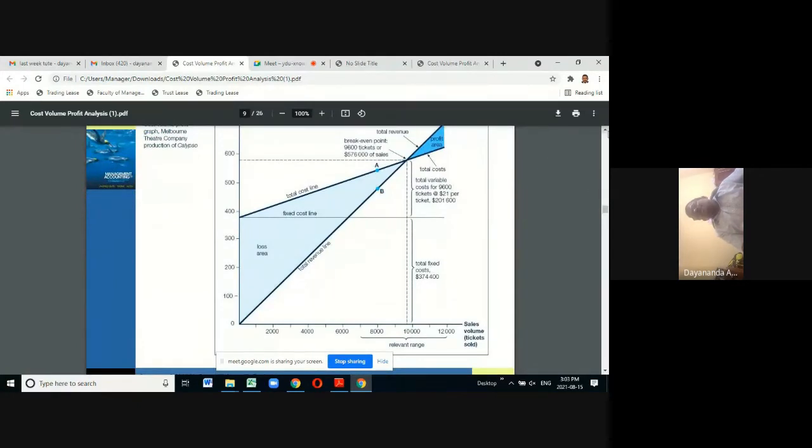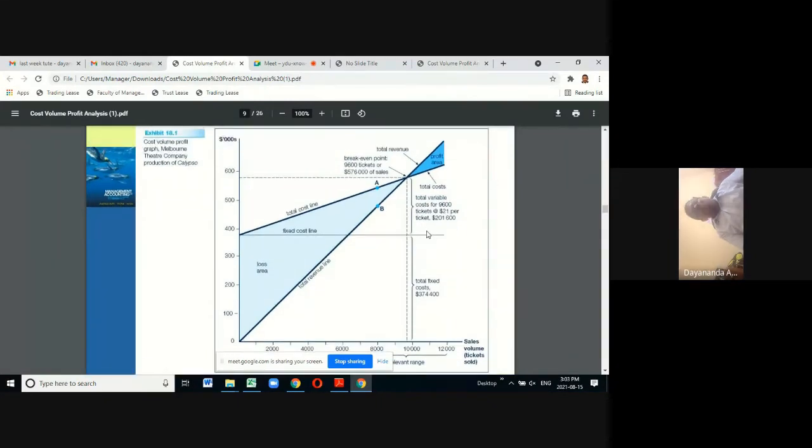Now look at this example. The fixed cost is 374,400. Here you draw a line for the fixed cost.